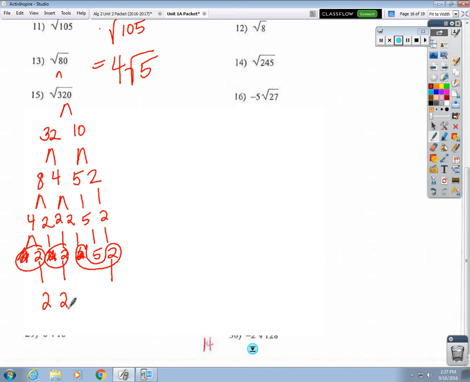So the only person going back in the house is who? 5, and then what do all of these become on the outside? 8. 2 times 2 times 2 is 8. Okay, say one that you had written 6. You would have easily figured out that you did it wrong when you did 6 times itself is 36. 36 times 5 is not 320. That's why you should always check. Okay?